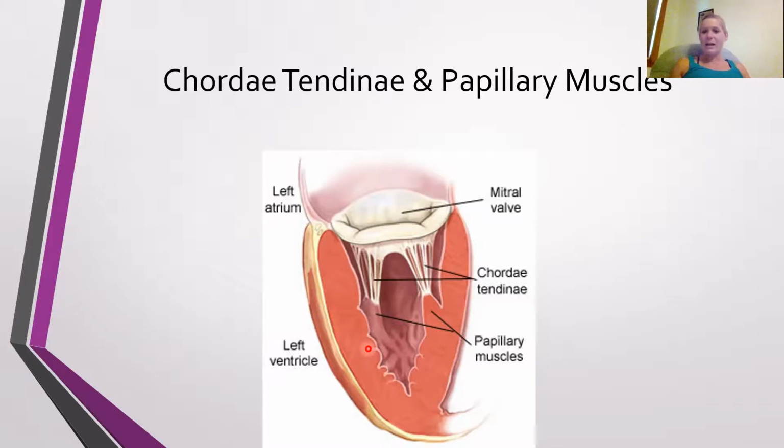Okay, so in both valves that are separating the atria from the ventricles. And these cords are connected to papillary muscles. And as the papillary muscles contract, they're going to pull the cords. And this allows us to open that valve up. And that's going to allow blood to flow from this chamber down into this chamber.